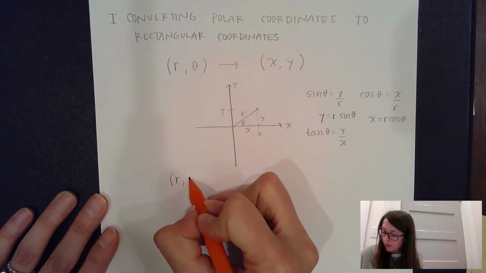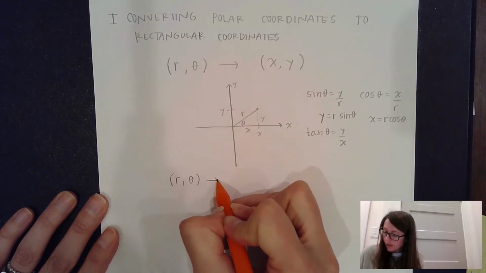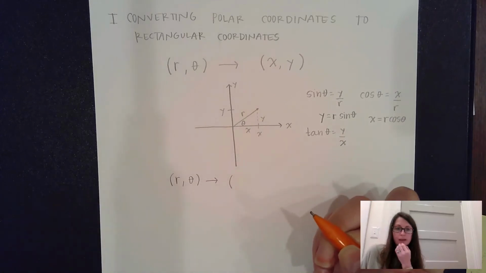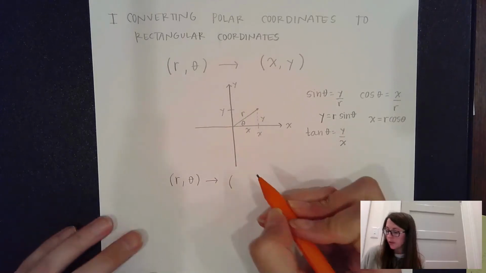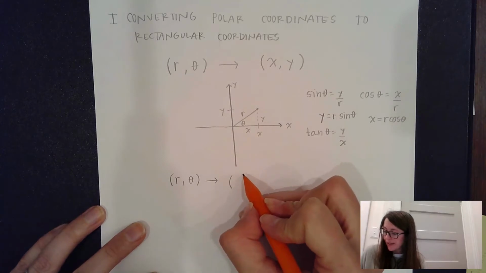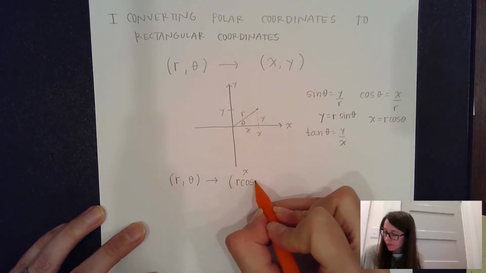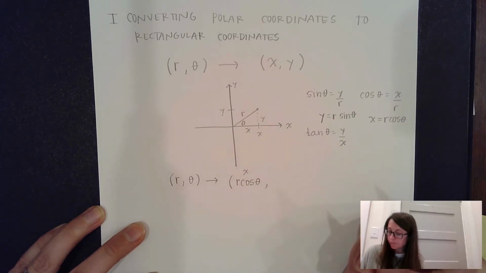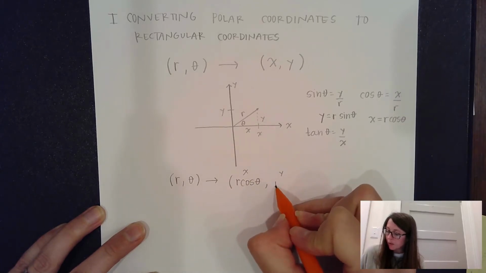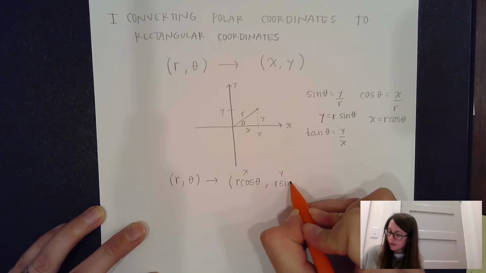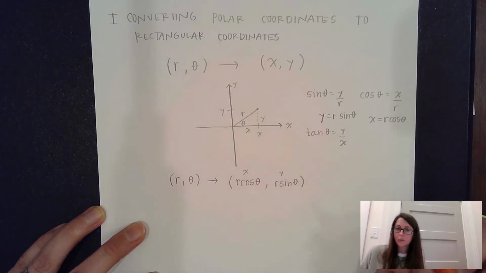So if I have an r and a theta, and I want to turn it into a rectangular coordinate, I can plug them in. To find the x value, I am going to say r times cosine of theta. To find the y value, I will say r times sine of theta. And that will give you your x and y coordinate.